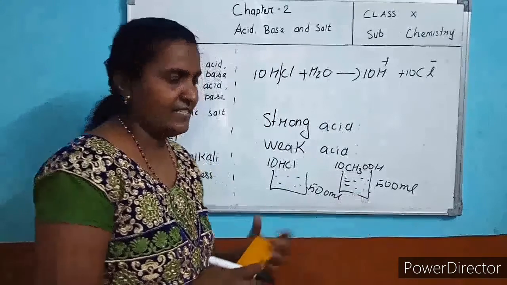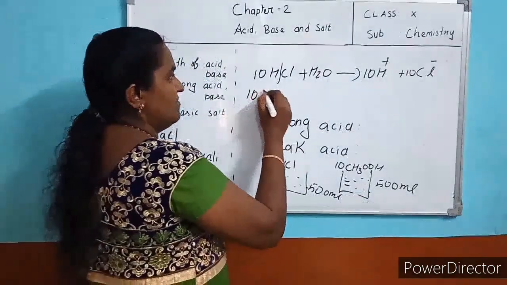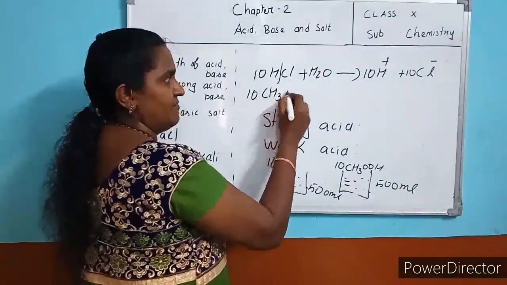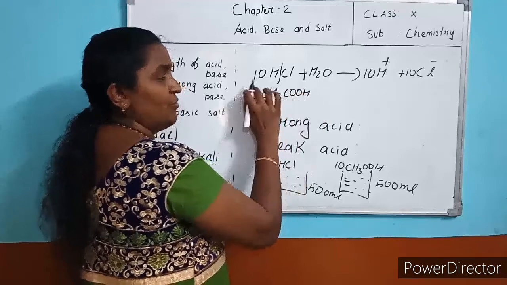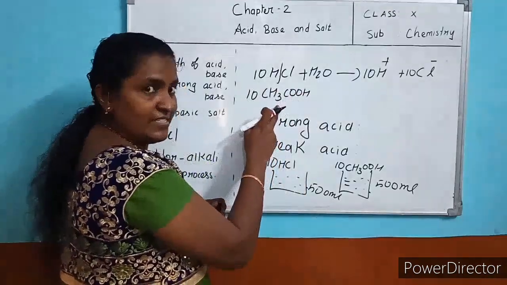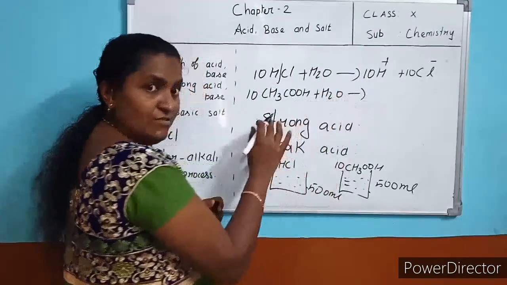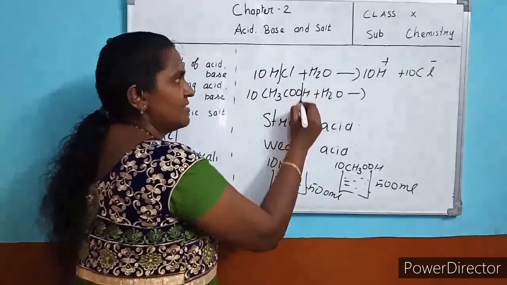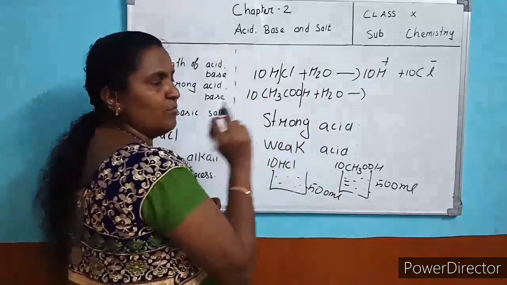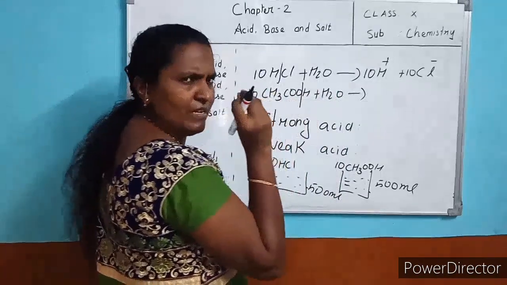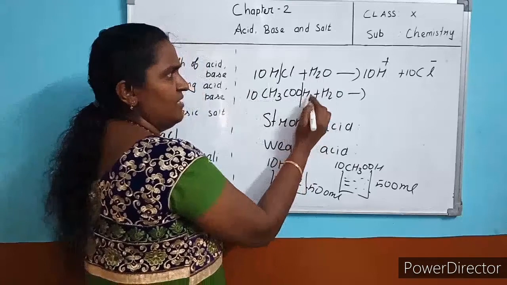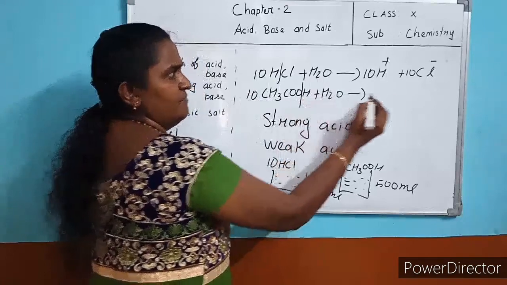Whereas this is the weak acid. Why do we call it a weak acid? The reason is, listen. When you add this acid to the water, out of 10 molecules, only 2 or 3 molecules form ions, a very small number. See, this is the hydrogen ion.